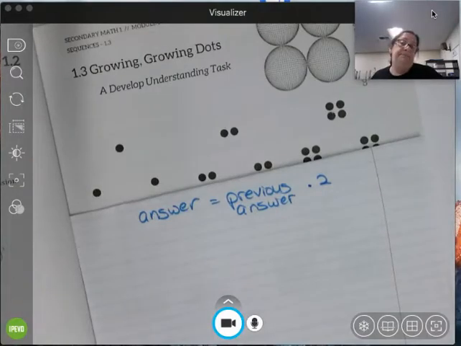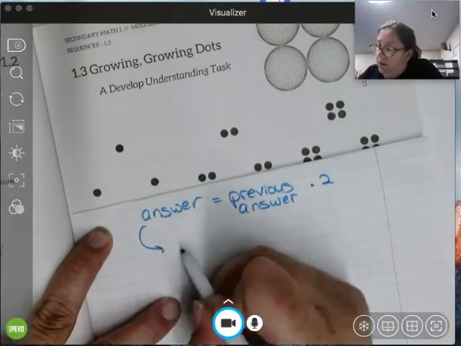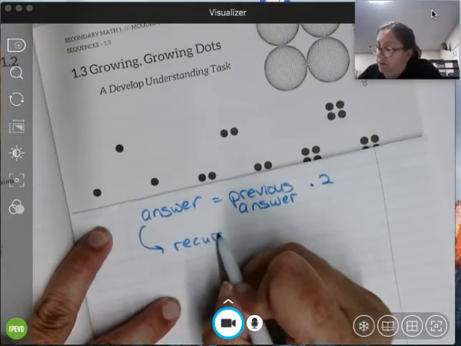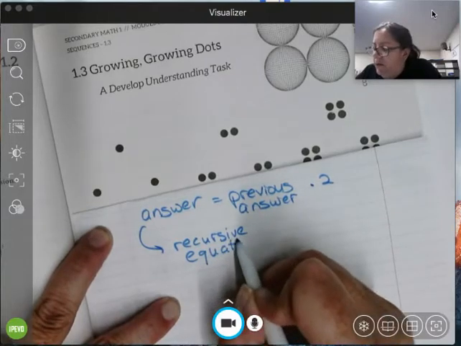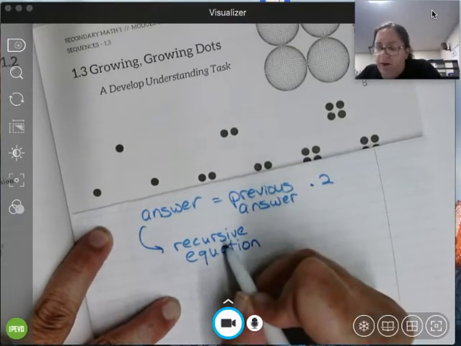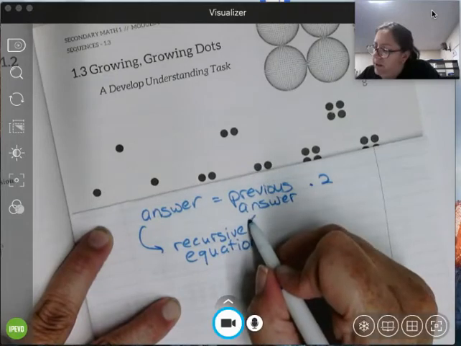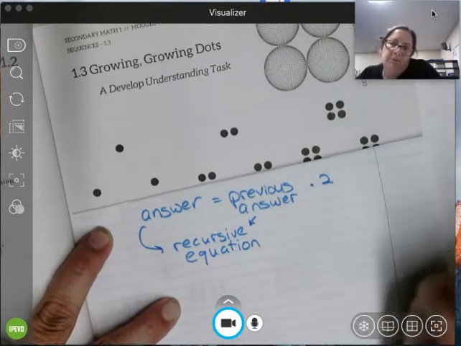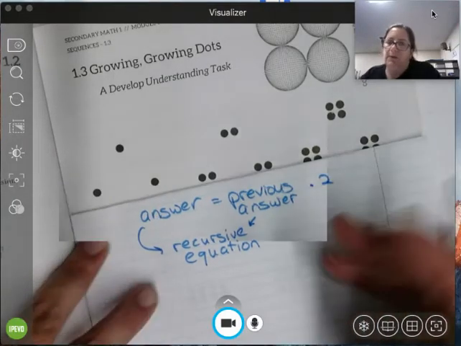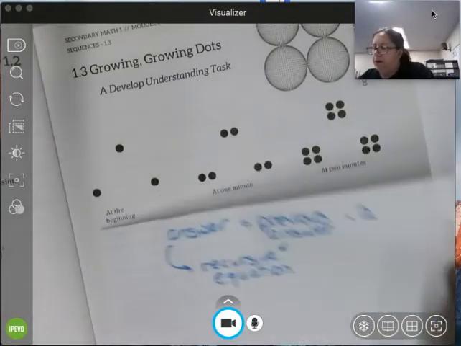That's it. So that's all we have to do for this kind of equation, and it's called a recursive equation. The only thing you really have to know right now about that word is that a recursive equation means you base it on the previous answer. It'll make more sense when we move on to other things.